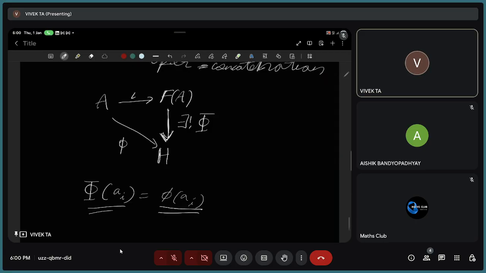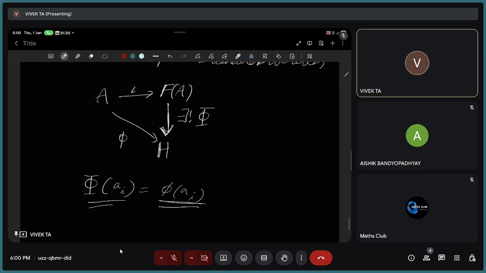This is the beauty of it: only having the definition of how phi acts on these specific elements gives you a definition for another homomorphism.